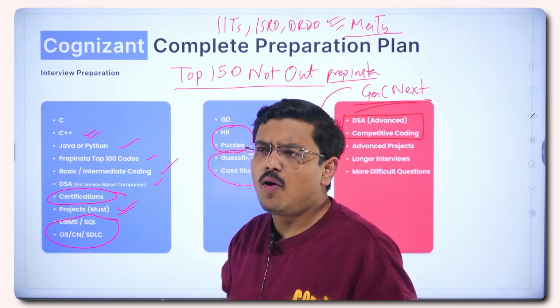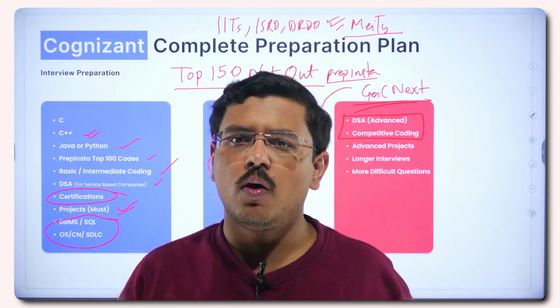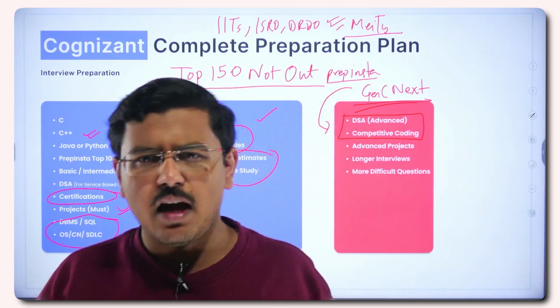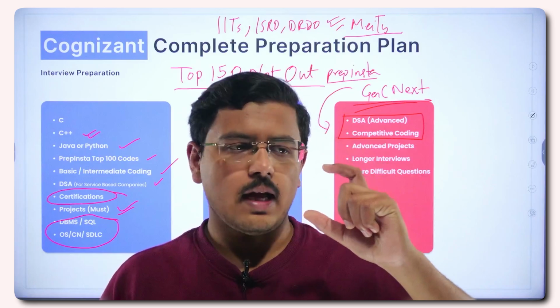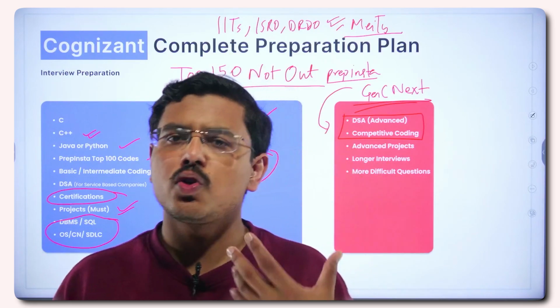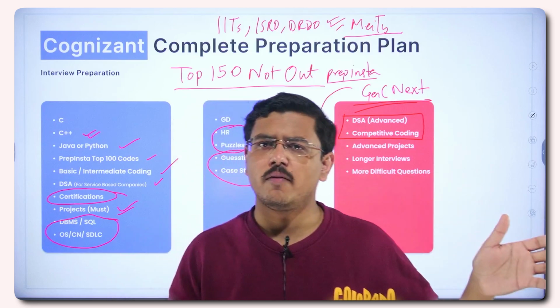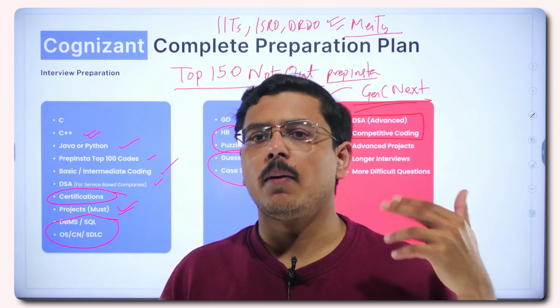Because not all the companies are asking competitive coding first of all. Most of the companies want that you realistically solve problems using DSA, and that is enough if you're doing good in competitive coding. Generally the code piece has shorter length, but most of the companies expect that you're a decent candidate if you're solving it with normal coding skills, normal DSA, but the level of problems is elevated.